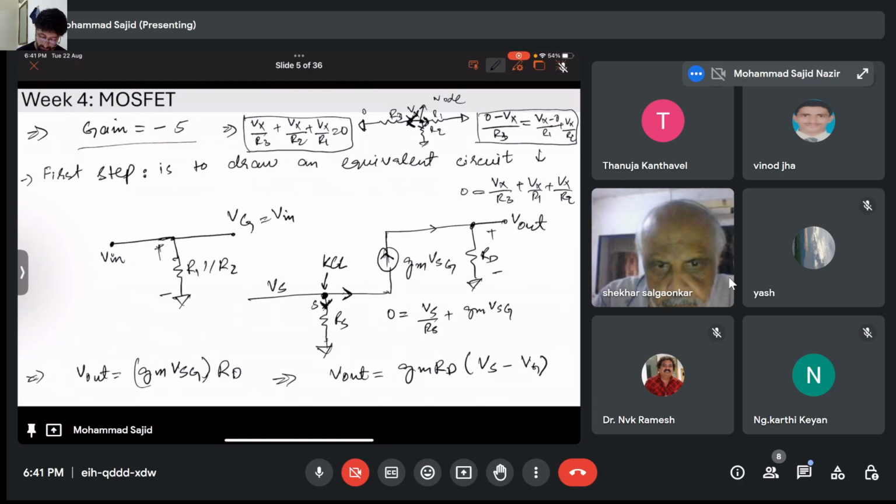Now what if I had drawn the current in this direction? Then I would write Vs by Rs is equal to Gm Vsg. That's what KCL is, right? I hope you understood. Is it understood now?